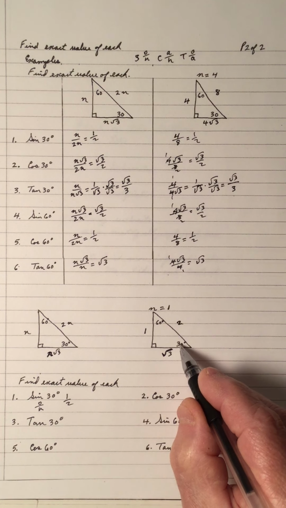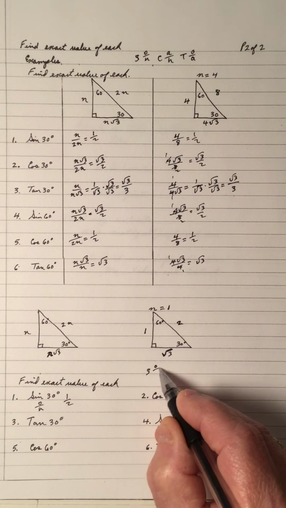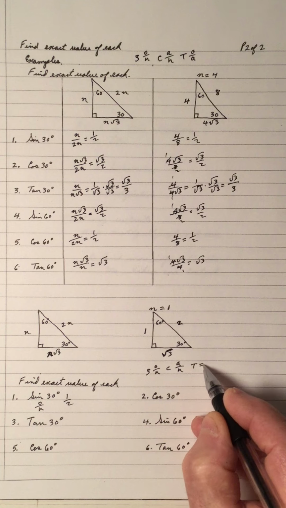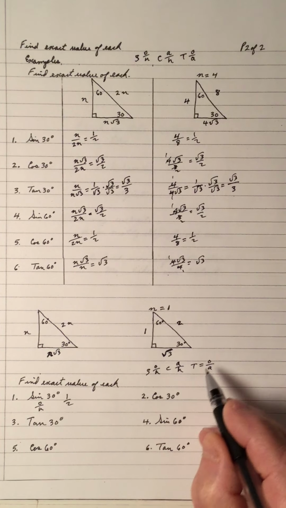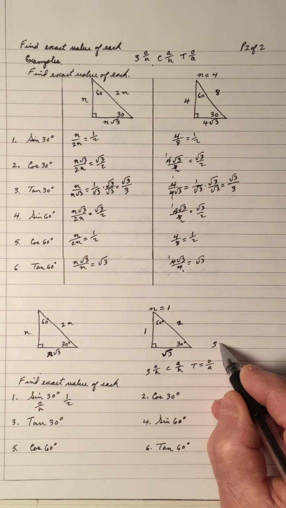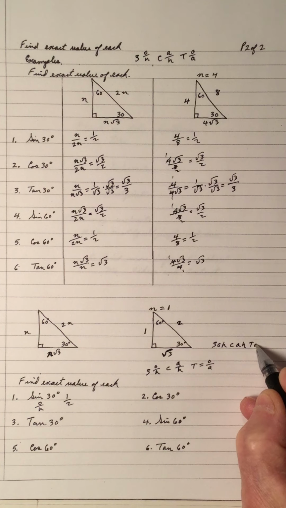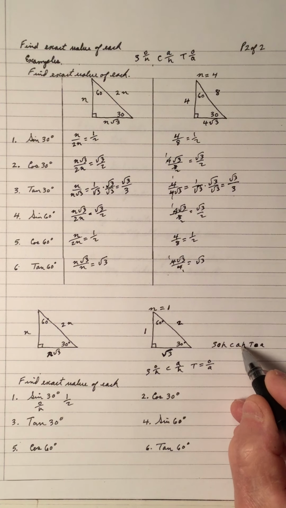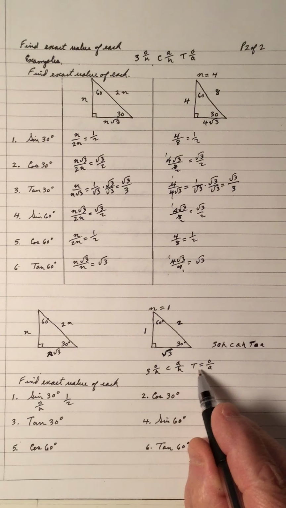The cos of 30. Remember, sine is opposite over hypotenuse, cos is adjacent over hypotenuse, tan is opposite over adjacent, because we're using SOHCAHTOA. So this is the way I'm going to write it down.